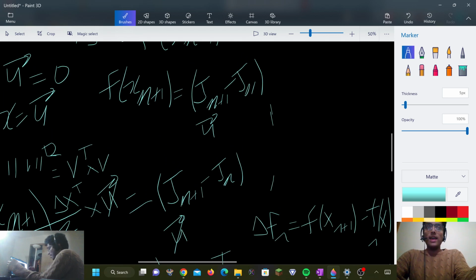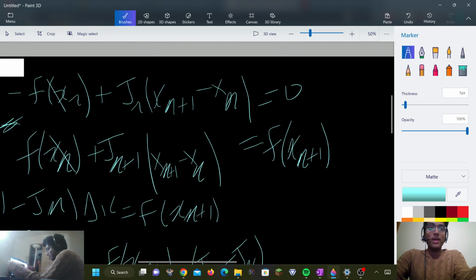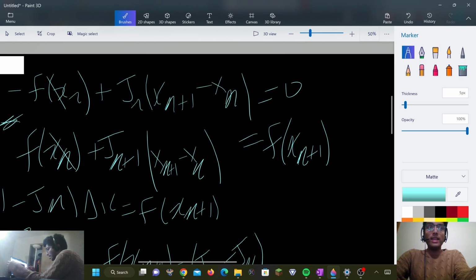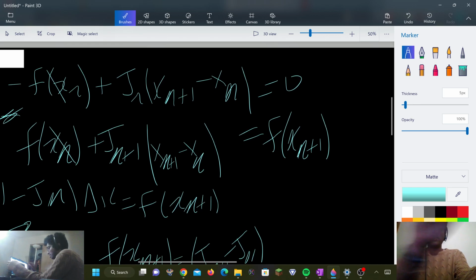And then if you go all the way back up here, f of x sub n equals negative J n delta x n, because these equal 0.